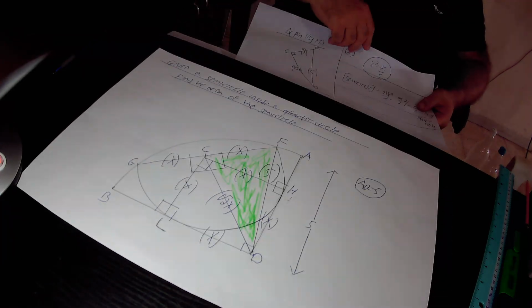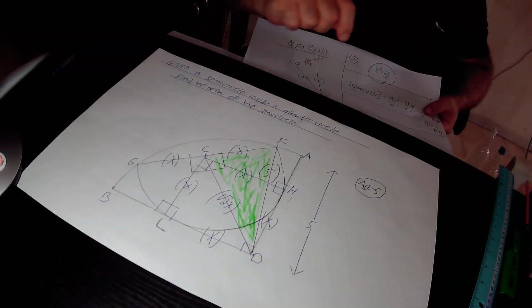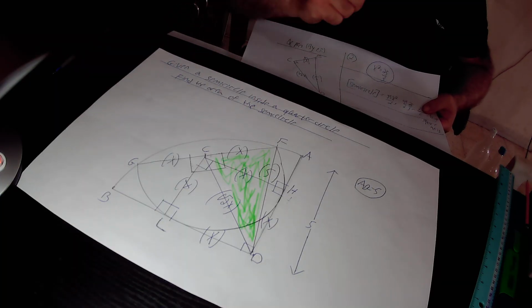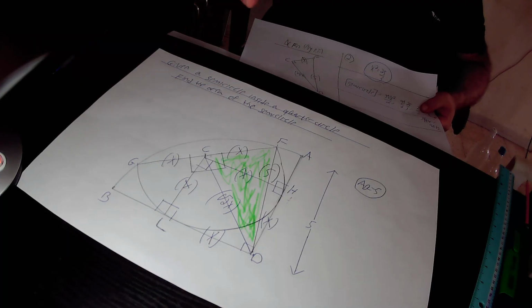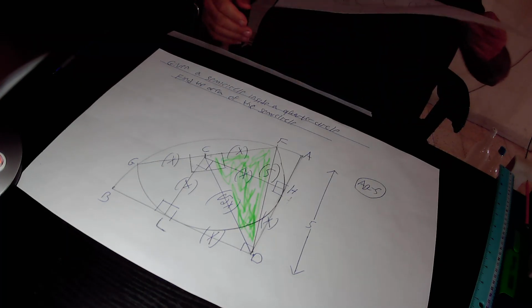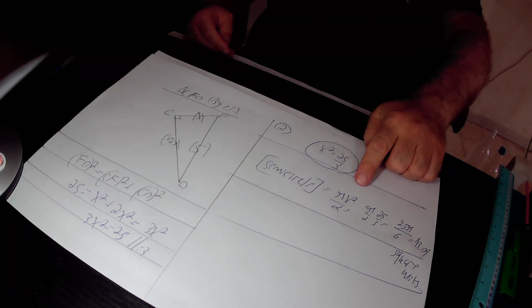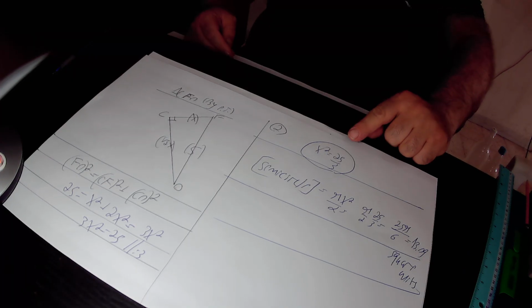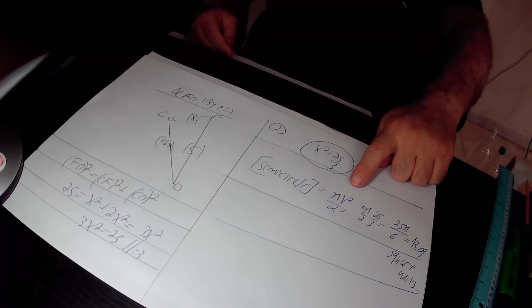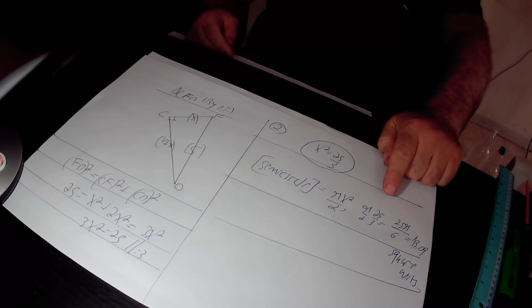Our mission is to find the area of this semicircle. We know that the radius of this semicircle is x, and therefore the area of the semicircle must equal pi x squared over 2. So it is pi over 2 times x squared, and x squared is 25 over 3, therefore we substitute x squared in this equation by 25 over 3, and we found that the area of the semicircle equals 25 pi over 2 times 3, that is 6.